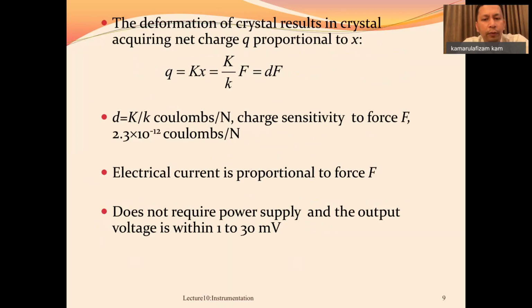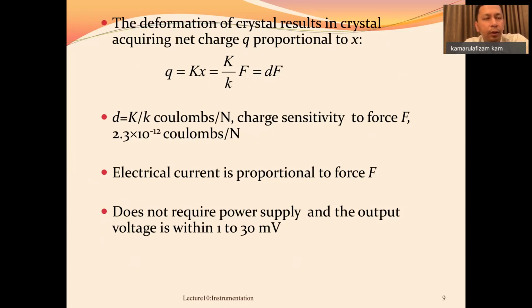So we have seen how x, or the displacement, is related to F, the force. When we exert a certain amount of force, we will be observing a certain amount of displacement x, a change in size. But where is the electricity coming from?